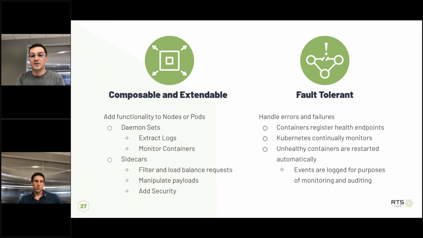Because Kubernetes has built this into itself as a first-class concept with health checks, Kubernetes will see that a container is no longer healthy, and it will kill that container and restart a new container. And that's all done automatically for you. So, if you've ever been part of a prolonged outage where the last thing the engineer says is, and then I just restarted everything and it all worked. Well, you get that for free with Kubernetes.